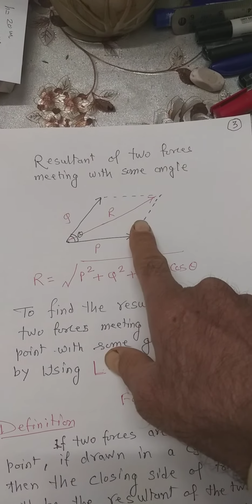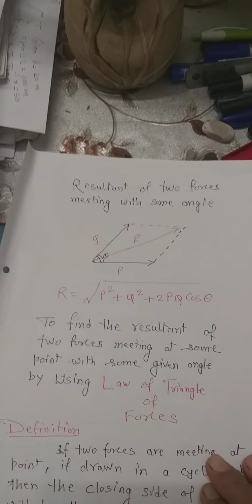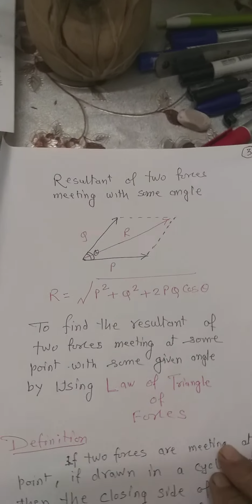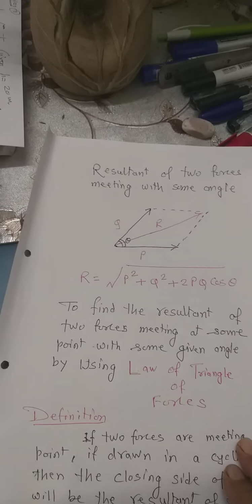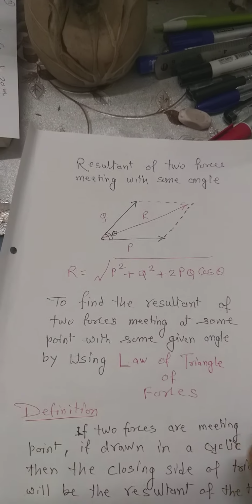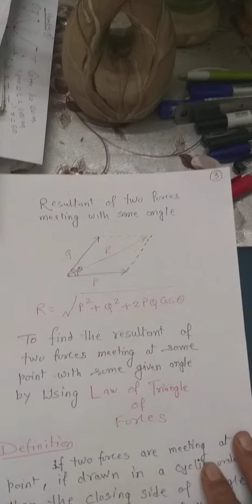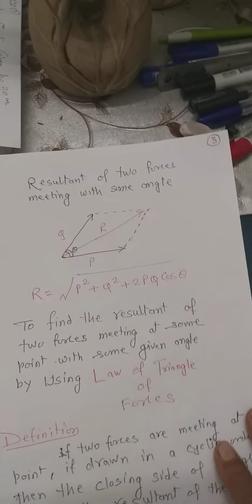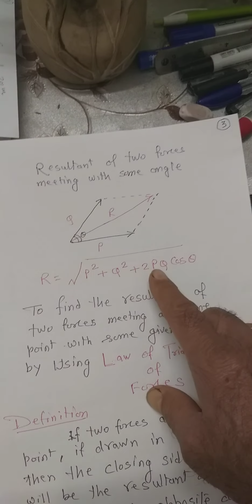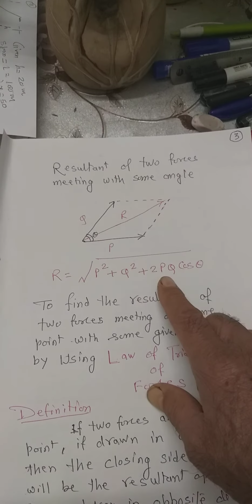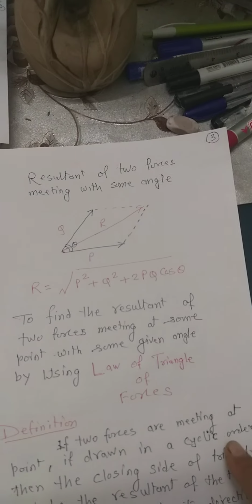This will give the resultant. You must have already studied that somewhere in your previous classes, but I am here talking about a different method for finding out the resultant. This is all the mathematical expressions or analytical methods for calculation of the resultant.